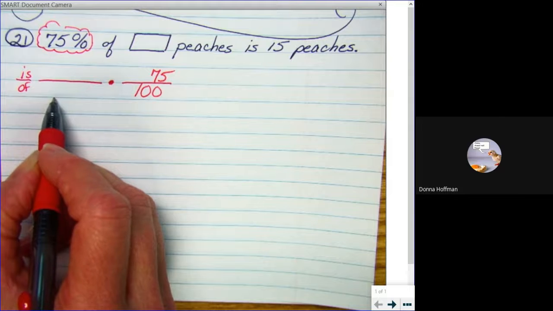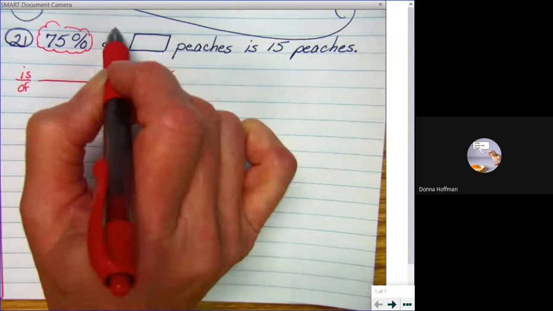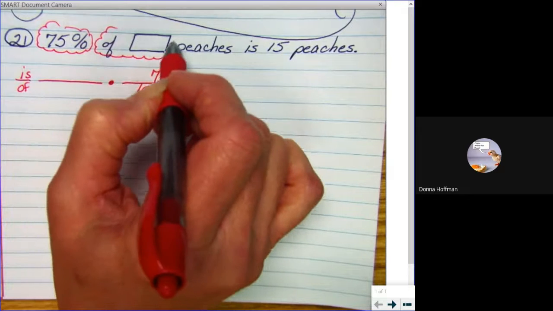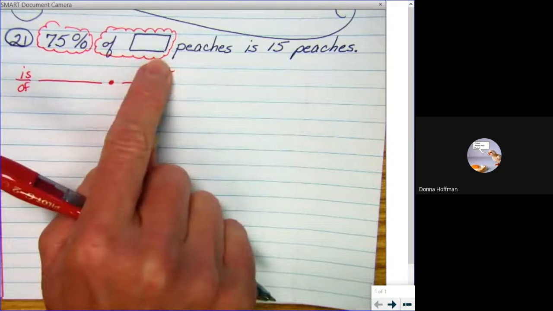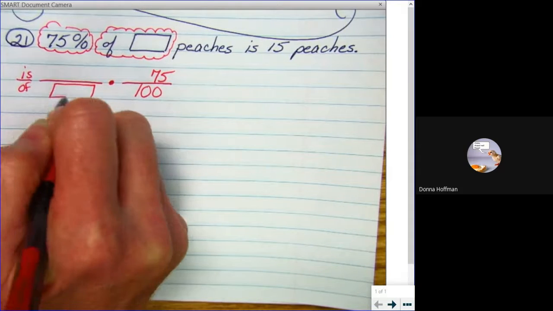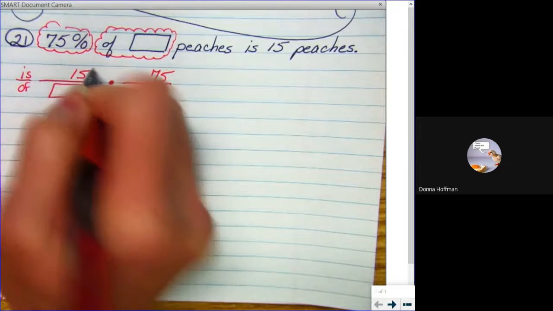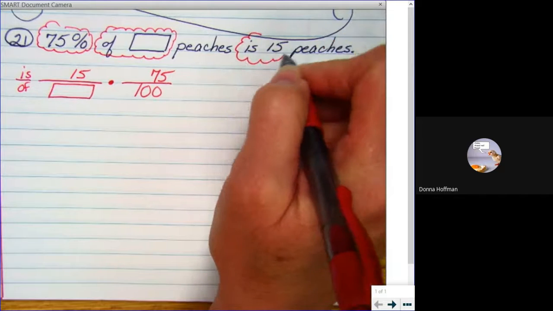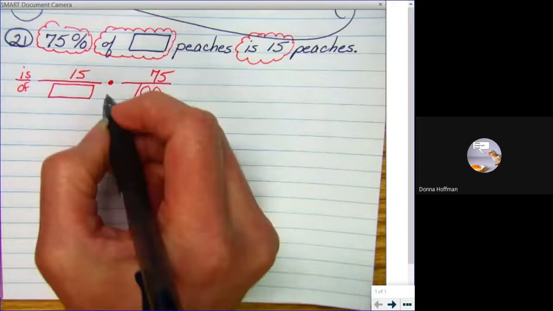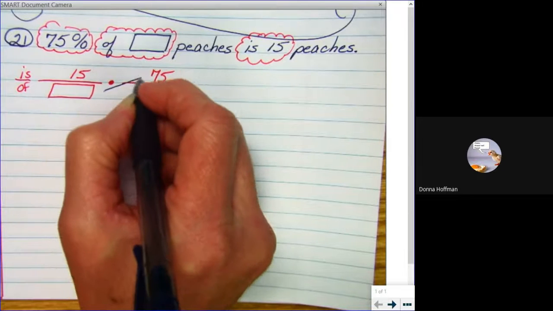Look for the word of in the sentence. The empty box, because that's my variable. So then obviously the 15 goes on top. And then we do what? The cross multiply.